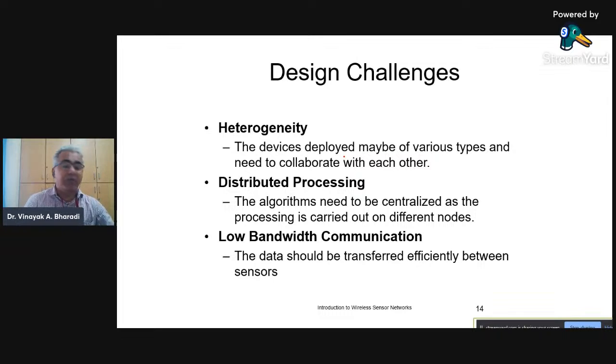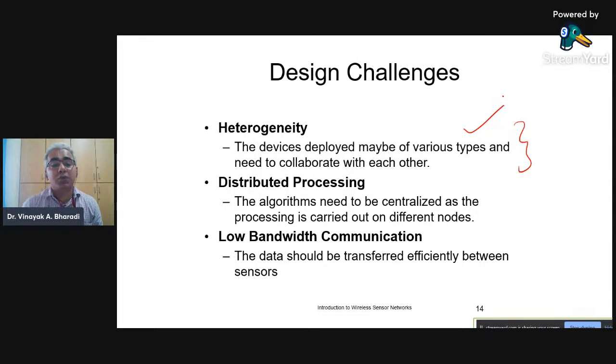When you have 1,000 Node MCUs, even here you can see this is one Node MCU, this is another Node MCU, but the form factor is different for these two, because they come from different manufacturers and different versions. So I should be able to address all these things. That is heterogeneity.